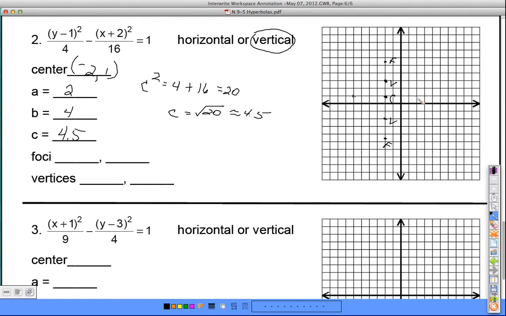And 1, 2, 3, 4 spaces here. And now we're going to go on the vertex. We're going to draw our box here around through the vertex and the other axis.